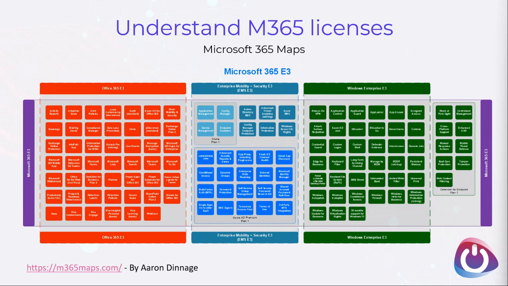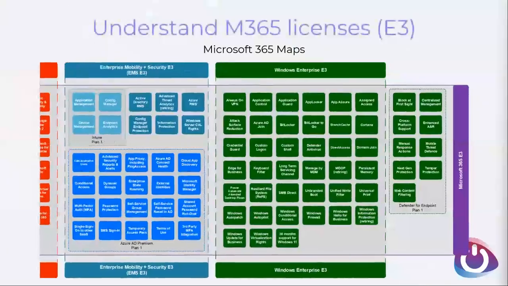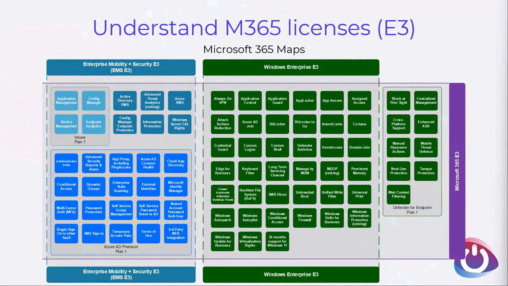The E3 and the E5 from the M365 space is what we'll focus on, but I'm going to move the Office part out of the conversation because we're focused today primarily on that management aspect. And the management aspect focuses purely around the mobility and enterprise security suite side and the Windows side.